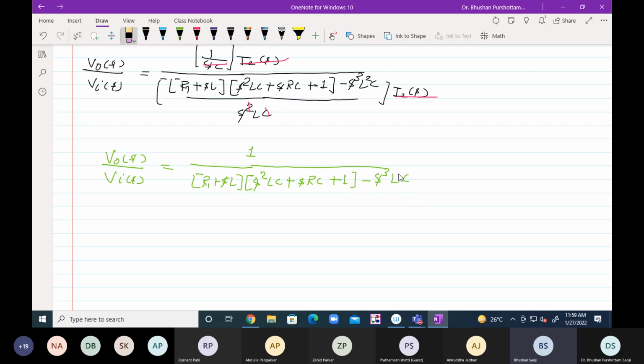This becomes square, this becomes square, divided by S square. That becomes S now, and C gets cancelled. So here is the L, and this is our transfer function.